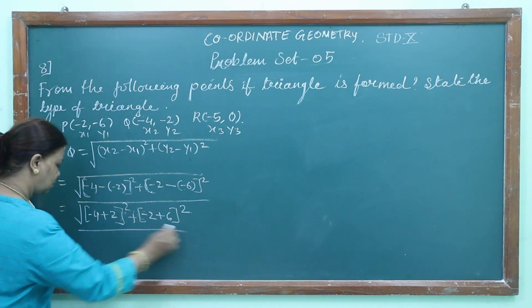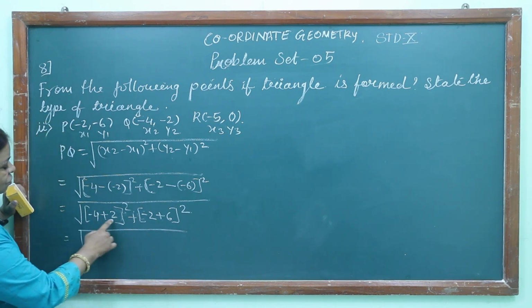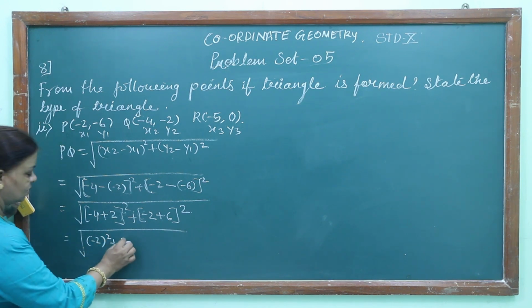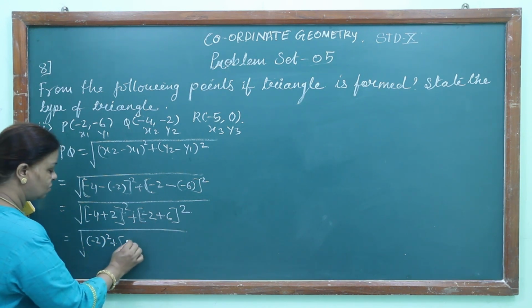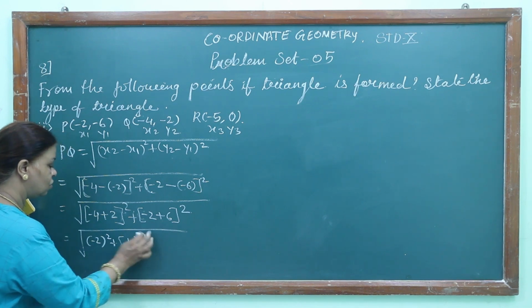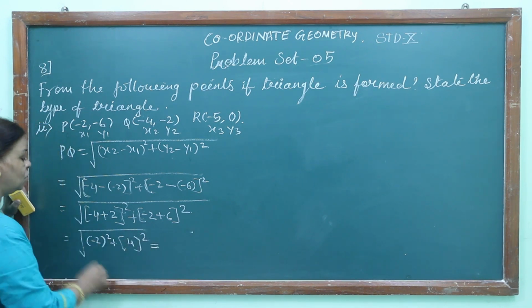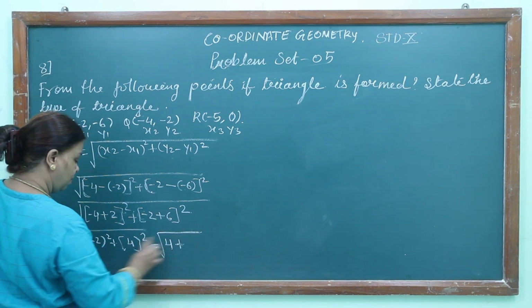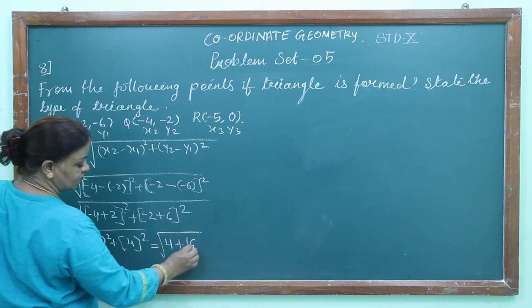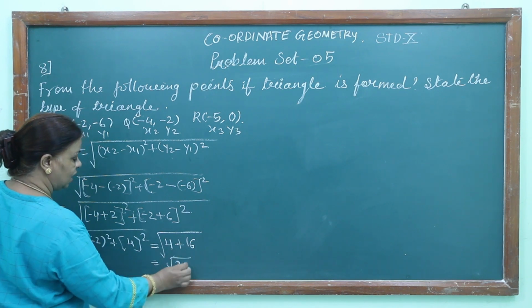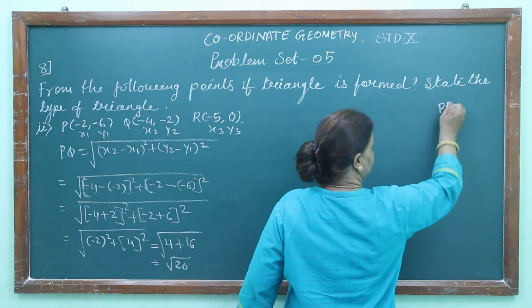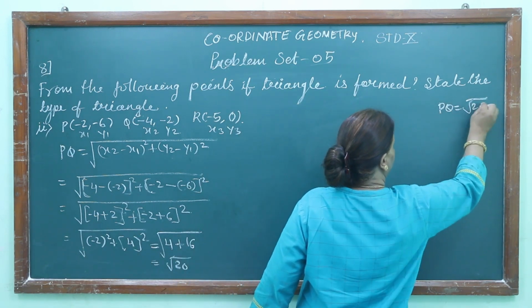Now minus 4 plus 2 will be minus 2, the whole square, plus minus 2 plus 6 would be 4, the whole square. Now minus 2 the whole square will be 4, under the root, plus 4 the whole square would be 16, that would be under root 20. So we got PQ as under root 20. PQ is equal to under root 20.